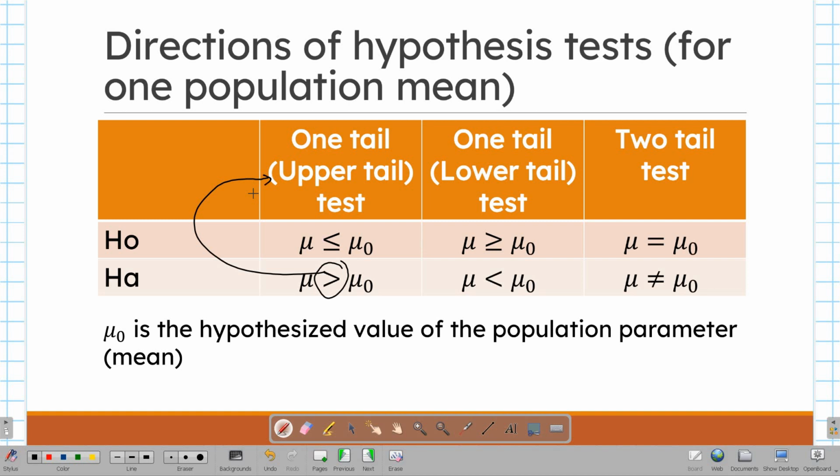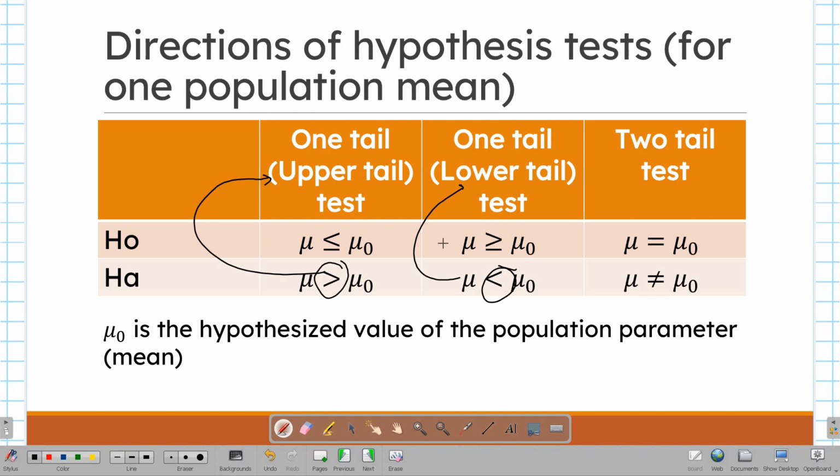And obviously, the opposite of greater than is less than or equal to, and that is our HO. If HA is less than, that means the direction is one tail lower tail. So if it's greater, it's upper tail. If it's less than, it's lower tail. And the opposite of less than, which is greater than or equal to, becomes HO.